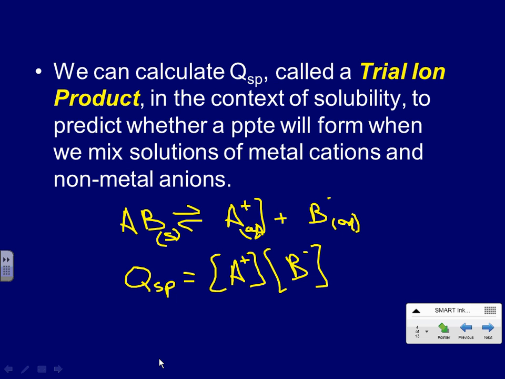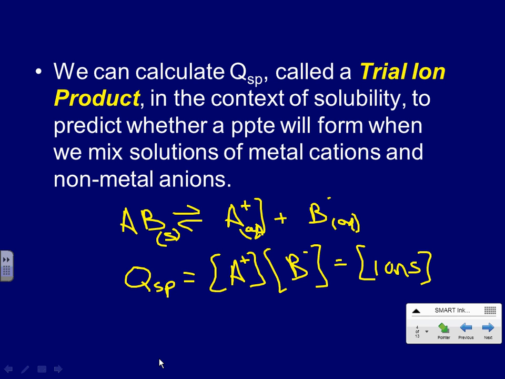And again, we don't put the solid on the bottom, so really the size of this value is determined by the concentration of the ions. It's only determined by the concentration of the ions.